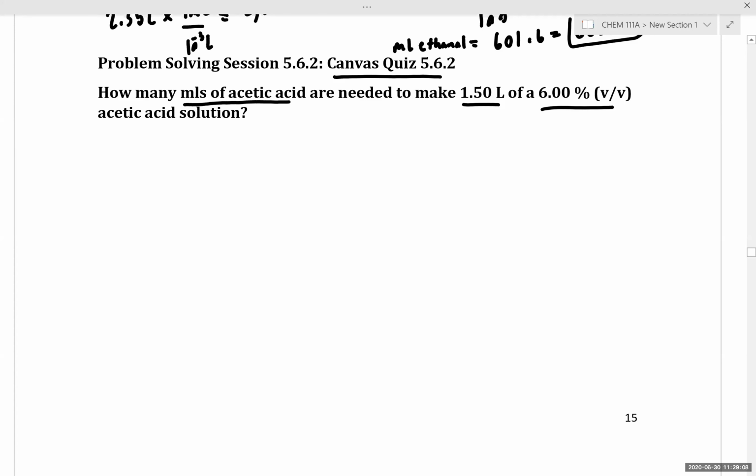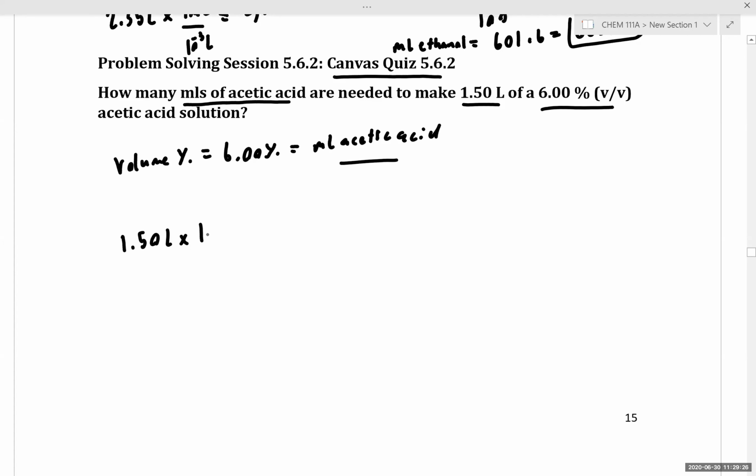Okay, so let's discuss this example. So we know that our volume percent, which is 6.00%, is equal to the milliliters of acetic acid over the volume of the solution in milliliters. Let's convert liters to milliliters, and that gives us 1,500 milliliters times 100%.